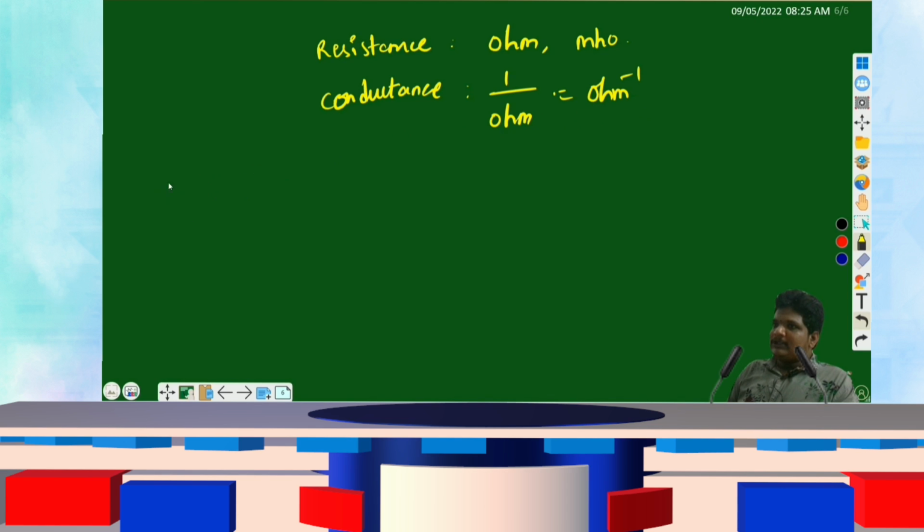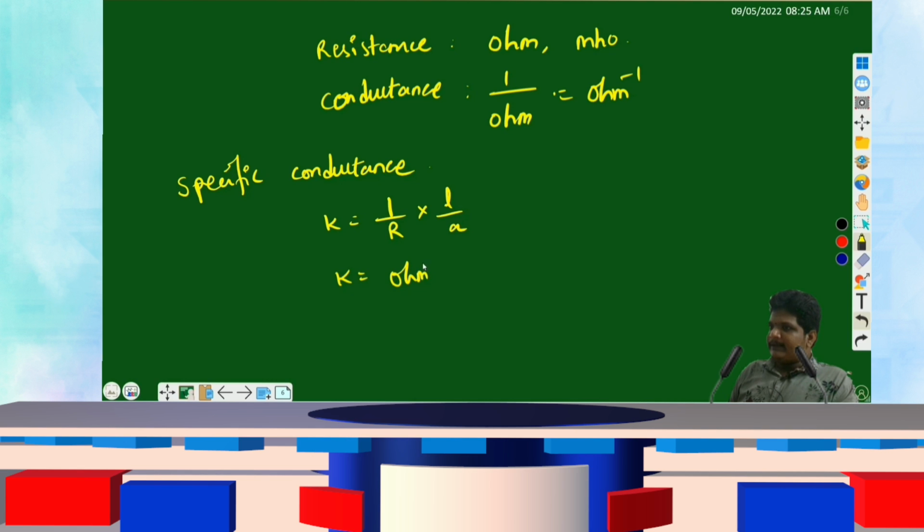Now specific conductance. As we know, specific conductance kappa is equal to 1 by R into L by A. Here 1 by R is nothing but conductance, so kappa is equal to ohm inverse into centimeter by centimeter square.